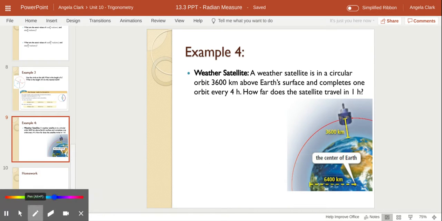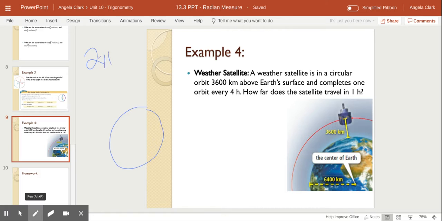We're given a picture, but I'm going to draw a simpler diagram. So one full circuit, so 2 pi radians in 4 hours. And I want to know what the radius is.